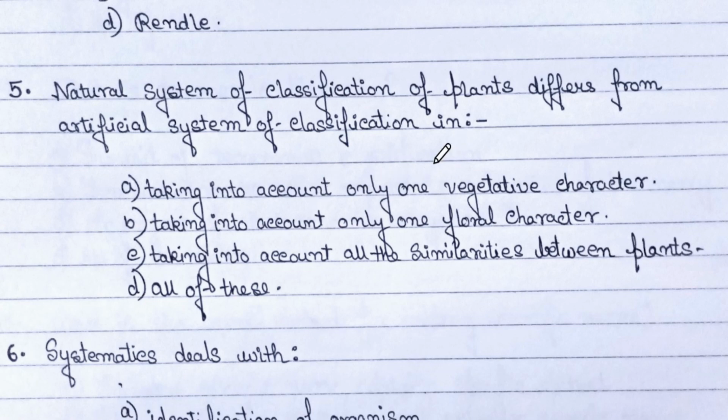Option number 1, taking into account only one vegetative character; taking into account only one floral character; taking into account all the similarities between plants. If it took into account only one vegetative character, would it be a natural system of classification? No. If only floral character, then also no. This is taking into account all the similarities between plants. That is the correct answer.